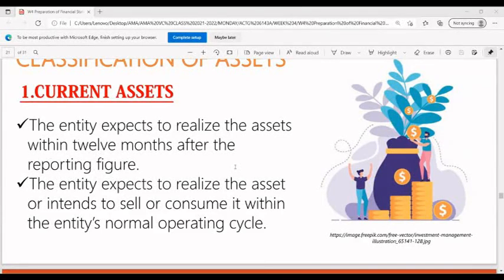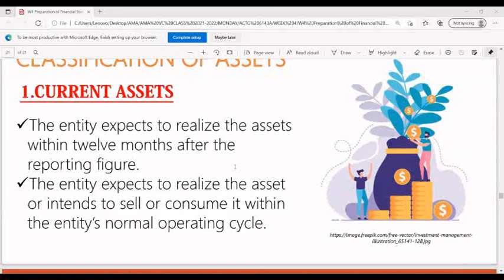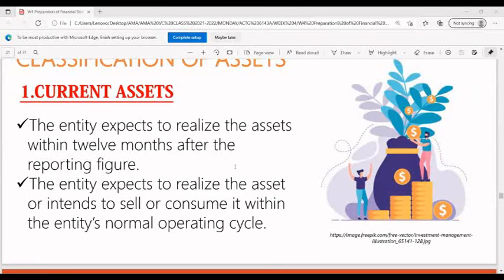Again, class, for the current assets, or later on the current liabilities, it is expected that it must be within 12 months. For example, you have accounts receivable, a distributor who owes you, since you are a manufacturing company.